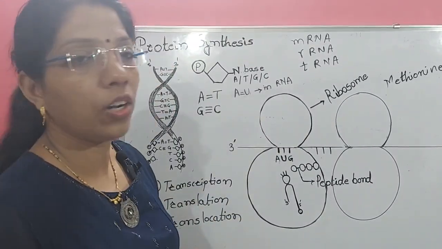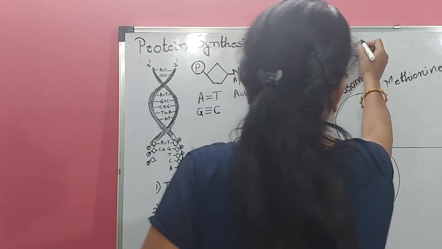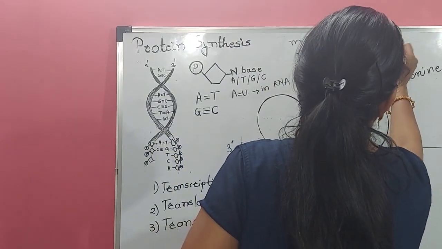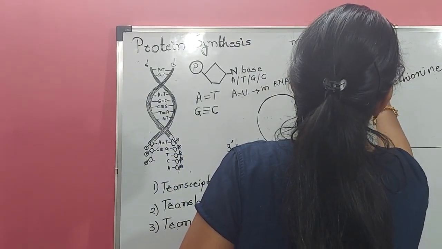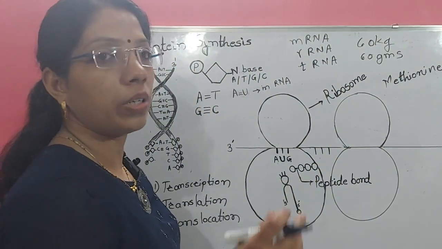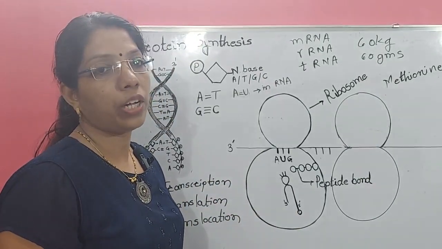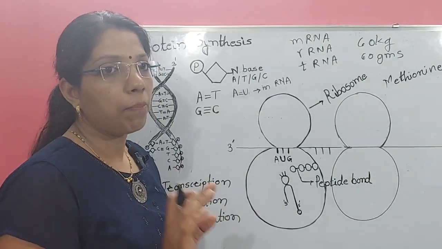It is not given in the textbook, but if our weight is 60 kg, then we have to take 60 grams of protein per day. If you are 40 kg, then you have to take 40 grams of protein per day.